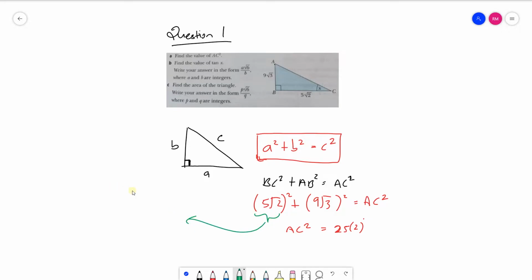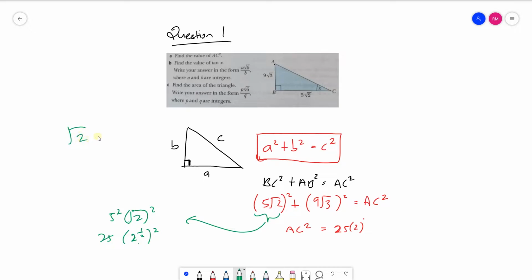Let's look here. So 5 square is 25, and surd 2, I can also write it in the form of 1 over 2, correct? So 2 to the power of 1 over 2, in a bracket, and then square it, correct?